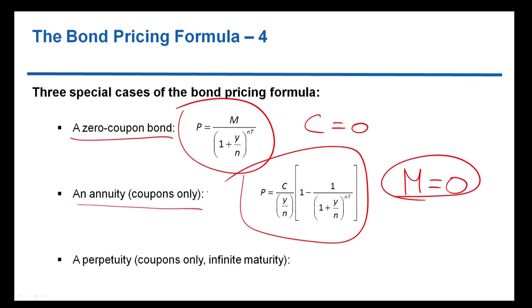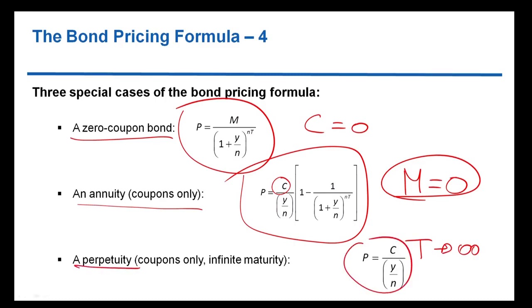And an annuity consists in a security where you receive in each period a given coupon, for a finite number of periods. And if in the annuity you impose that T is going to infinity, then this security is called a perpetuity, okay? And the perpetuity is simply equal to the coupon discounted by the yield to maturity.